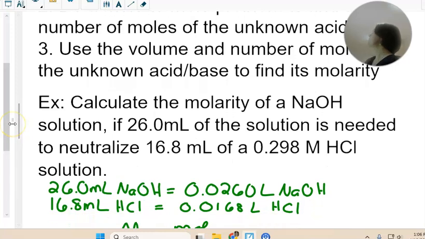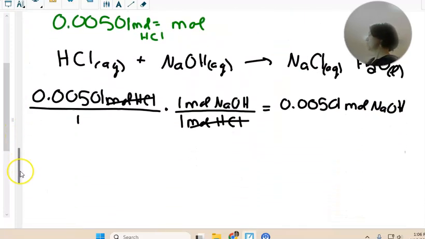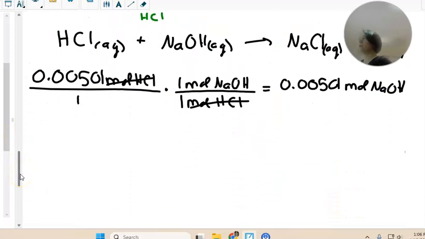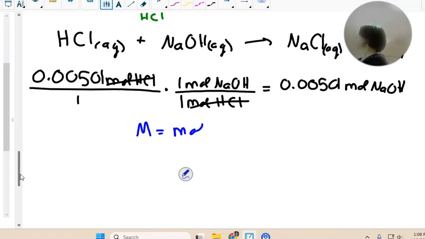All right, step 3. Use the volume and number of moles of the unknown acid or base to find its molarity. So we're again going to use this equation. Molarity equals moles over liters. So we're trying to find molarity.